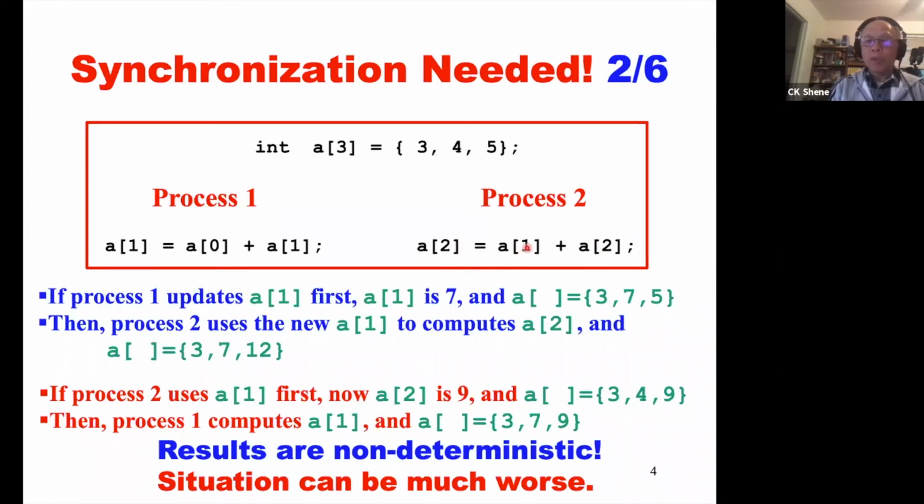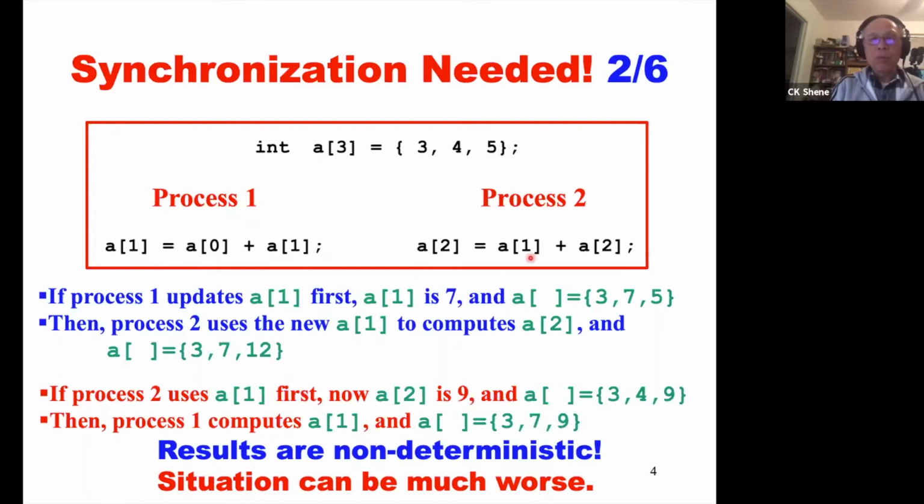So when process 2 finishes its execution, array A will be 3, not modified, 4, not modified, and A2 is 9. And then process 1 starts. Process 1 will see 3, 4, and 9. Process 1 picks 3 and 4, adds them together, and puts the result back to A1. So the result would be 3, 7, and 9.